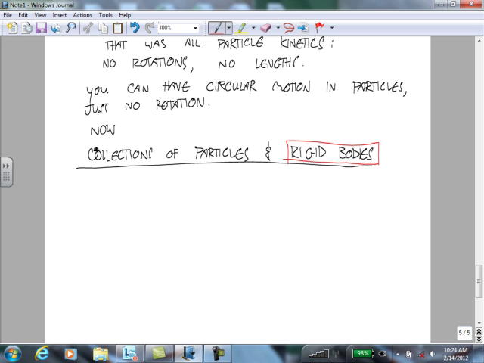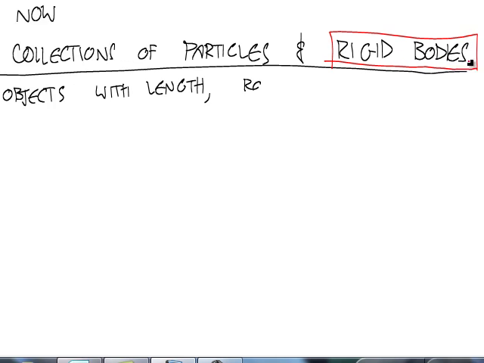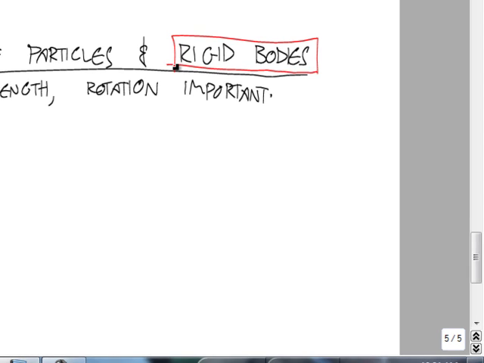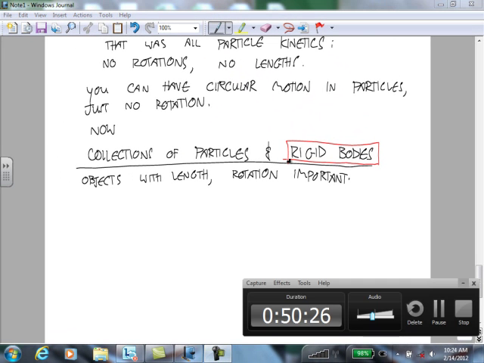I'm basically just going to say a few words about what we don't know about general collections of particles. When we're talking about objects with size, with length, rotation is important. It wasn't with particles.